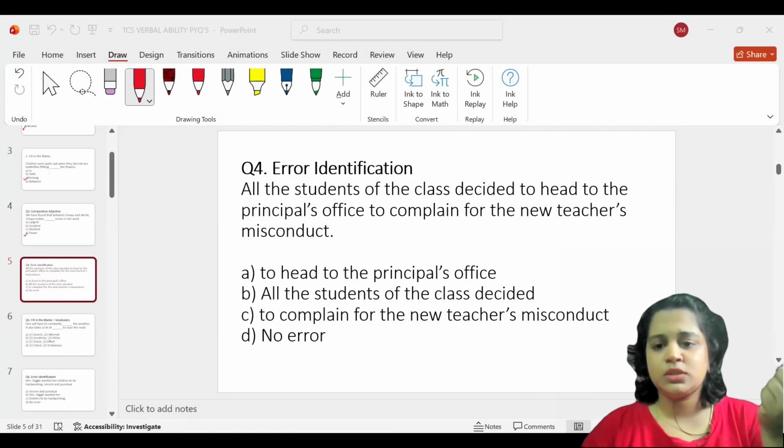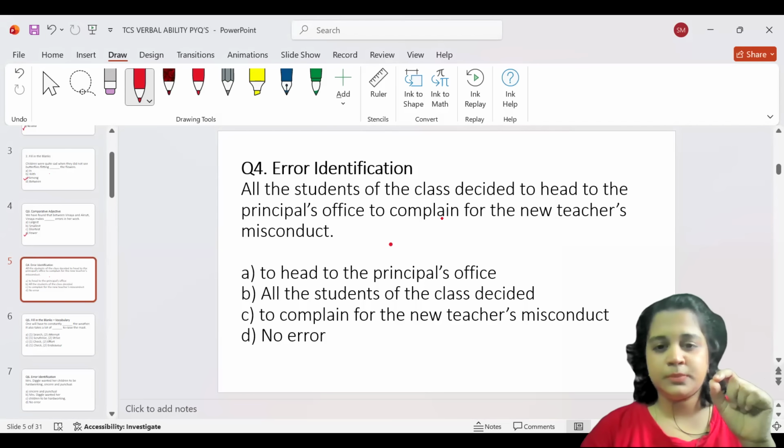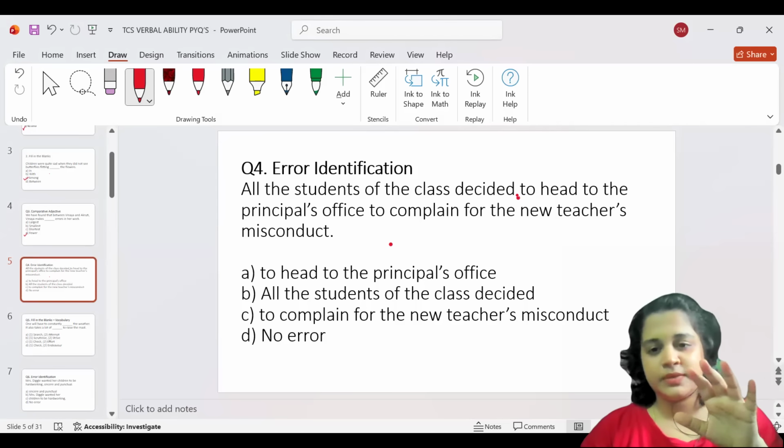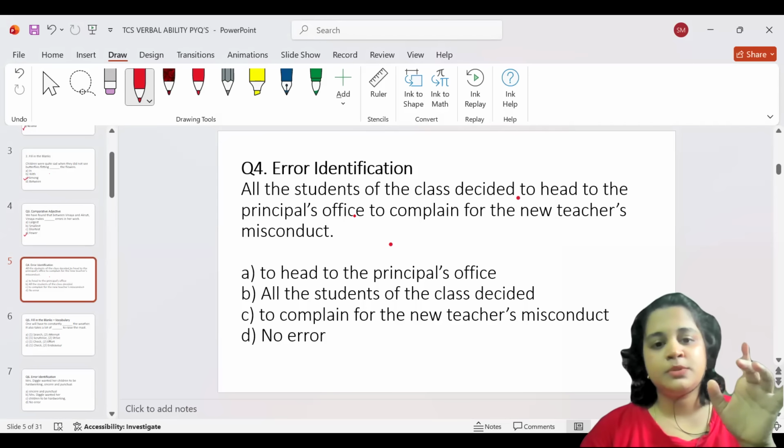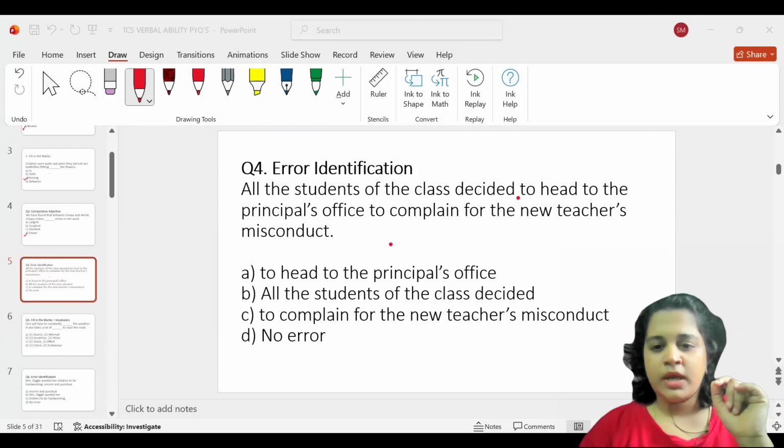So let us identify the error here. All the students of the class decided to head to the principal's office. Okay, there's no error till here. That also seems correct. I don't think there are errors in that part.